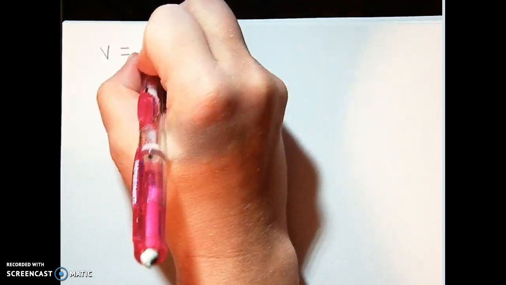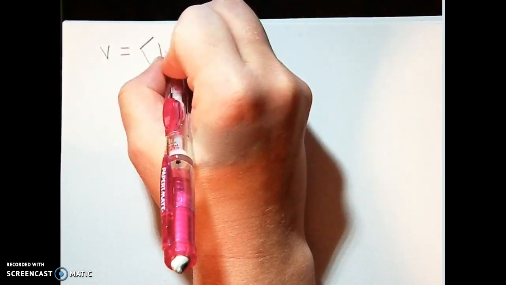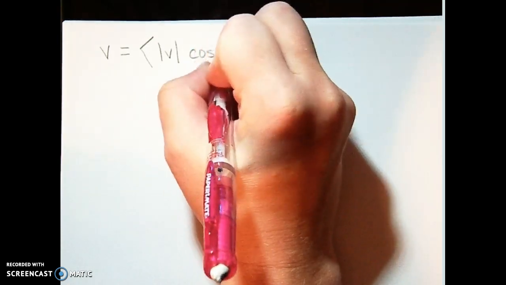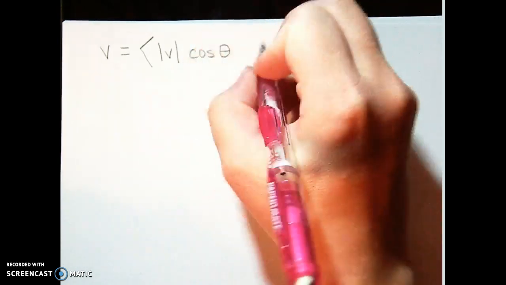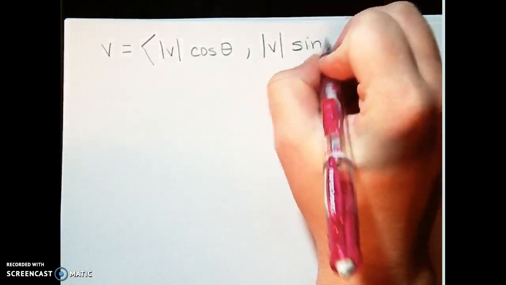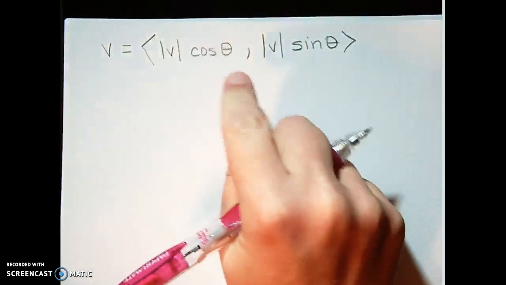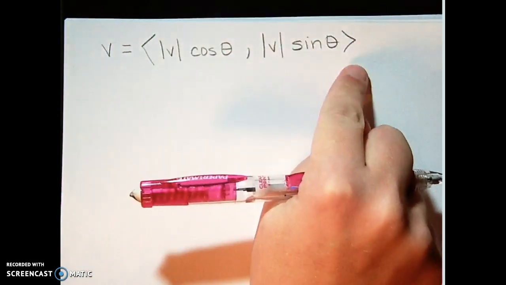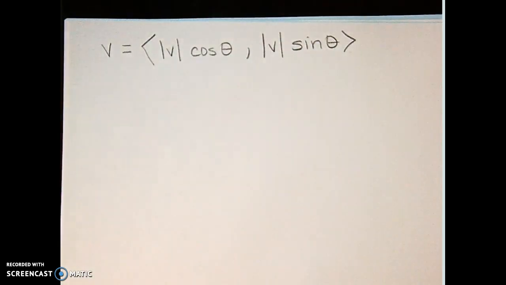We can write v as magnitude times the cosine of theta, with theta being your direction angle, comma, the magnitude times the sine of theta. Now, we're using cosine because that correlates with our x, sine because it correlates with our y, and then we multiply it by the length of our vector.